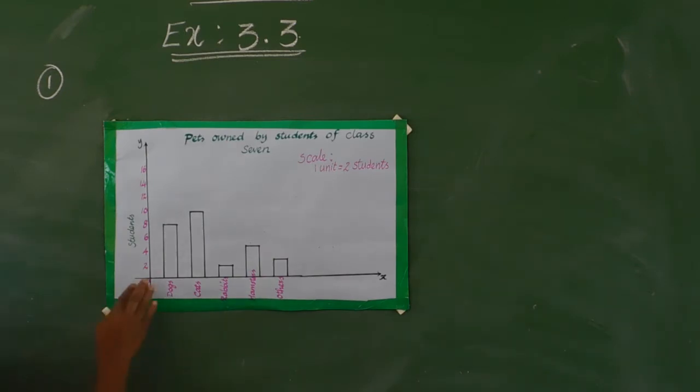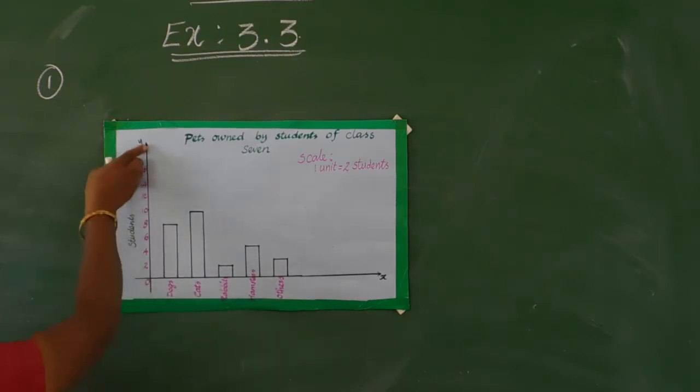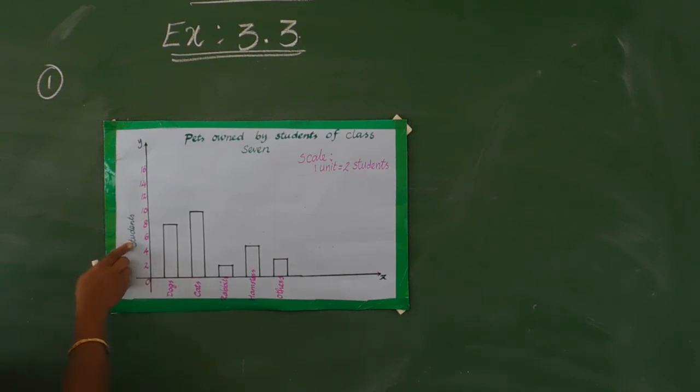In this graph, the x-axis represents the names of the pet animals: dogs, cats, rabbits, hamsters, others. And on the y-axis some numbers are represented. These numbers are the number of students.